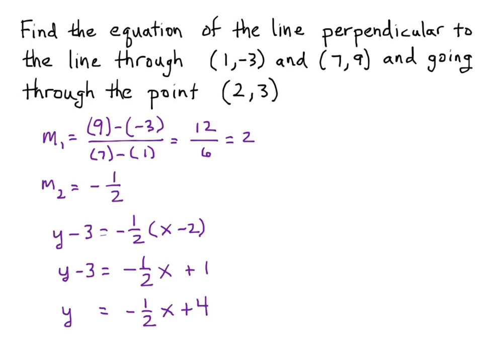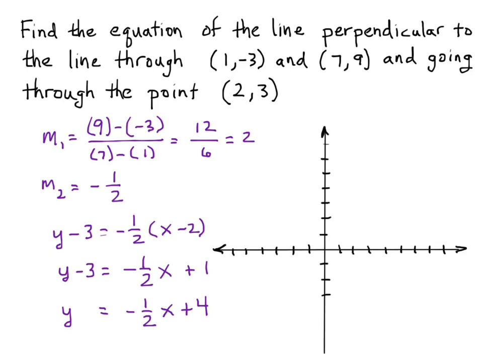And so we get y equals negative 1/2 x plus 4. So if I graph this just to visualize what we've done, if we have the points 1, negative 3, that should put the first point right about here.